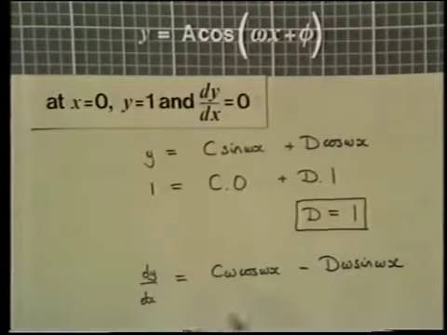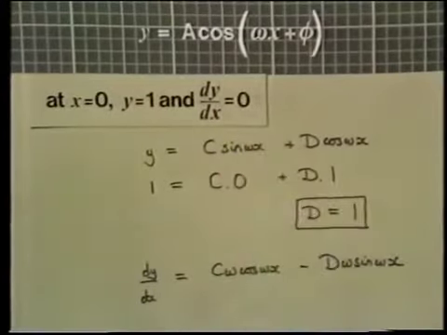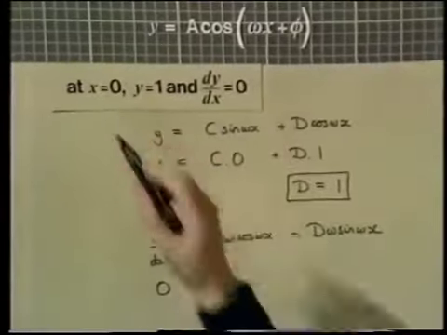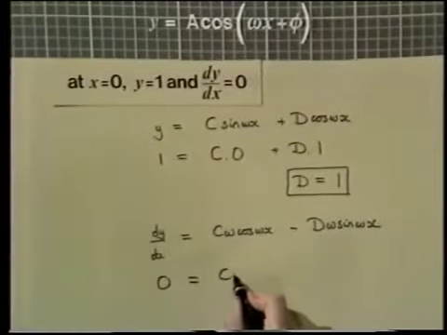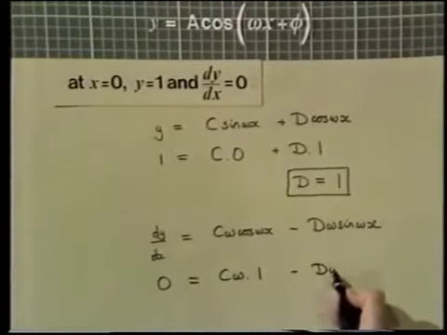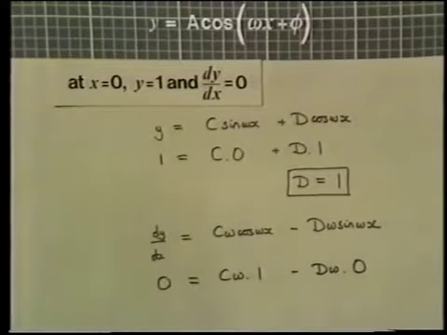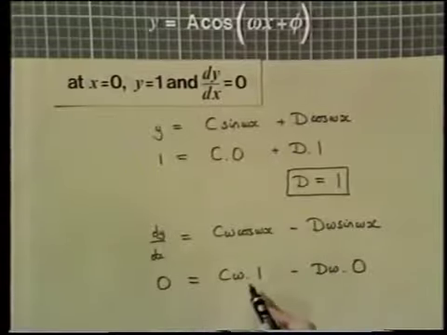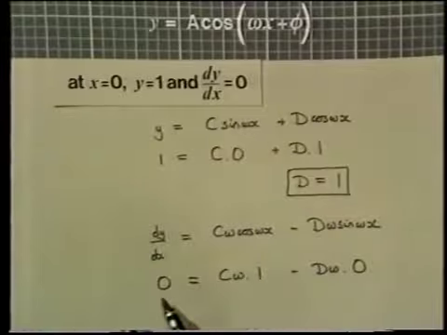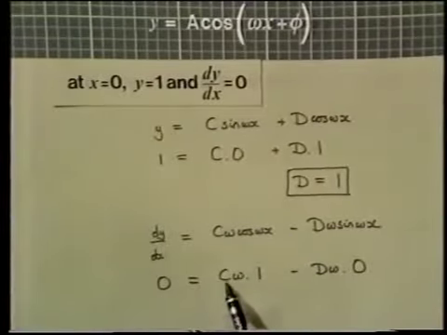And then again, I just substitute in dy by dx is 0, and then I have to put in x equals 0 here. So I get C omega times 1 minus D omega times 0. Now, the omega here is just some parameter. It's determined by the differential equation itself. So that's not equal to 0. And that means the only way I can satisfy this equation is for C to be equal to 0.